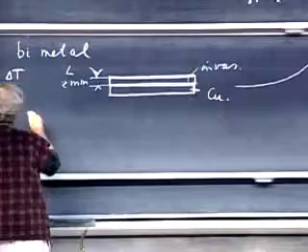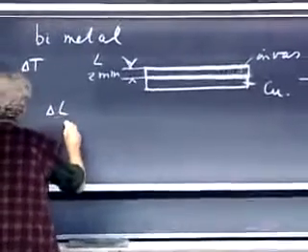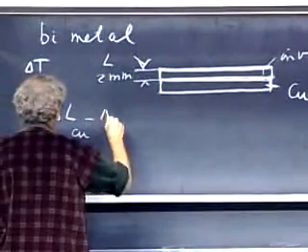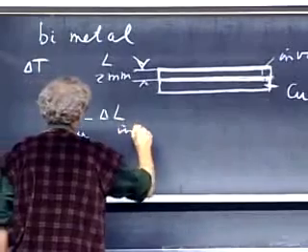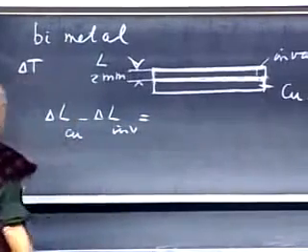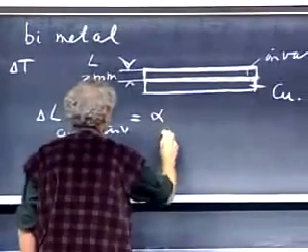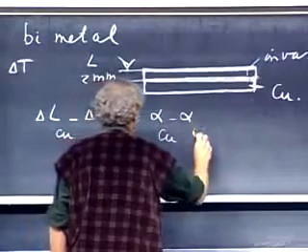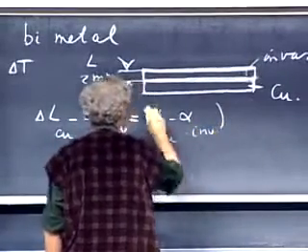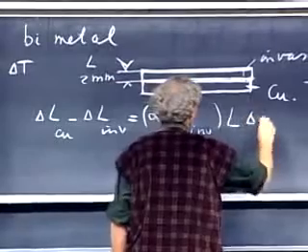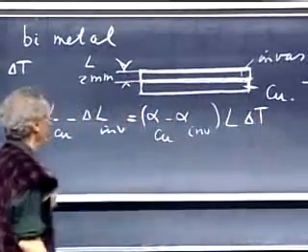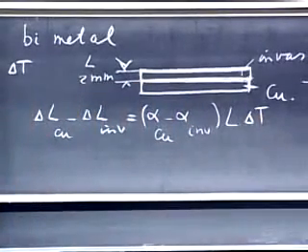So what I'm interested in is really the delta L of the copper minus the delta L of the Invar. That's what I'm after. And that is the alpha of copper minus alpha of Invar times L times delta T. So it is the difference that matters.